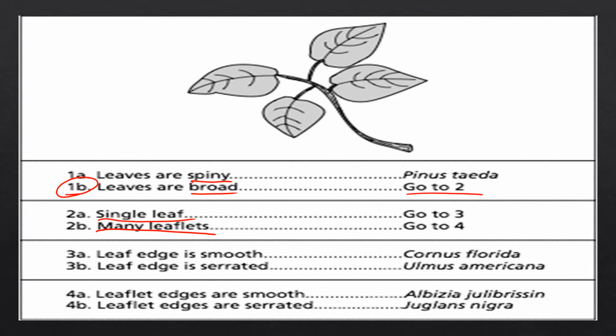So I'm going to go to 3. Are the leaf edges smooth, or are the leaf edges serrated? Well, serrated means jagged, and so I know that's not serrated, and so I know that this leaf is Cornus florida.